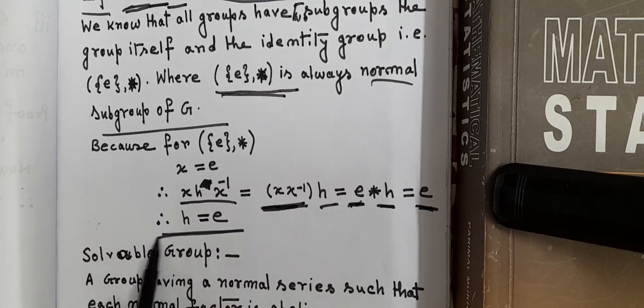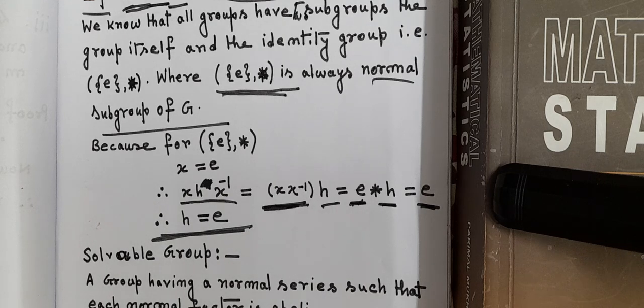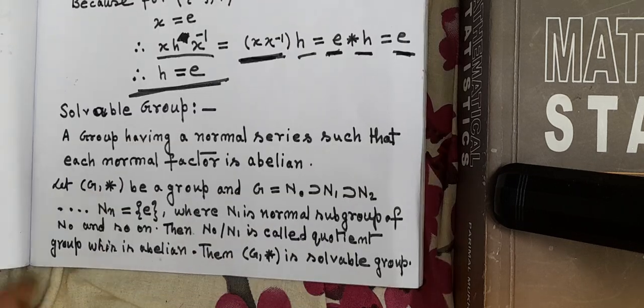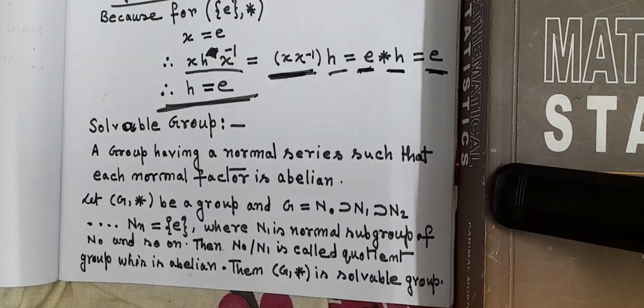Therefore H will be equal to E. So that means the identity subgroup of a group is always a normal subgroup. It is also asked in MCQ questions.